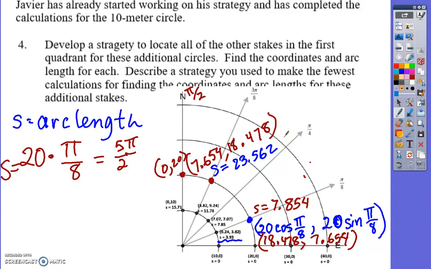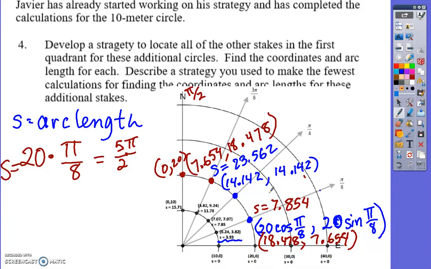And then this one is 14.142, 14.142, because they're going to be the same.